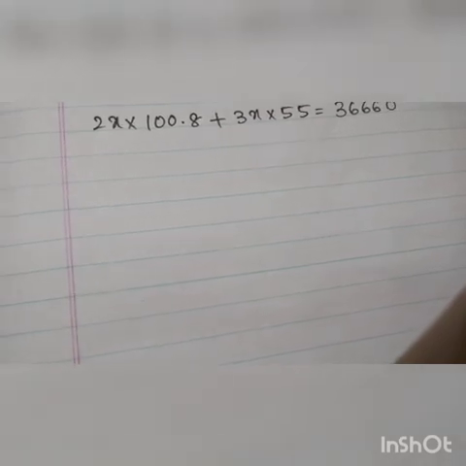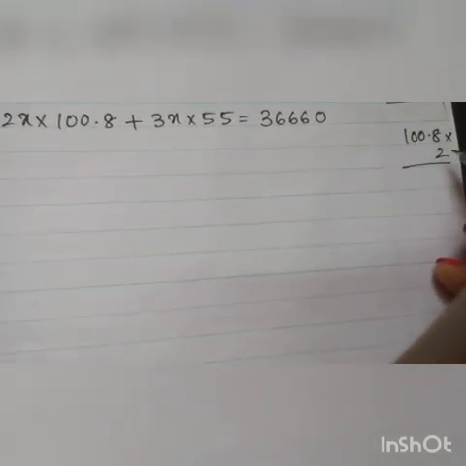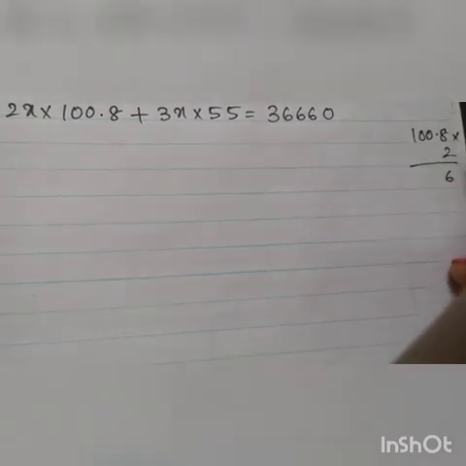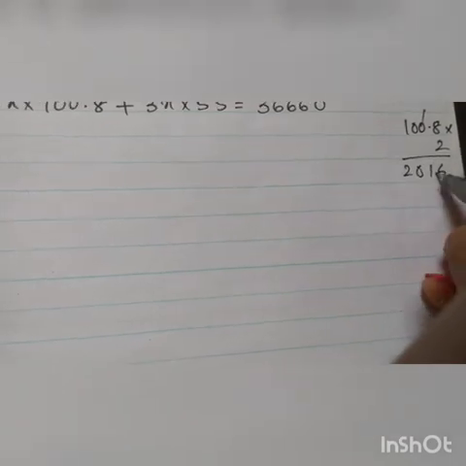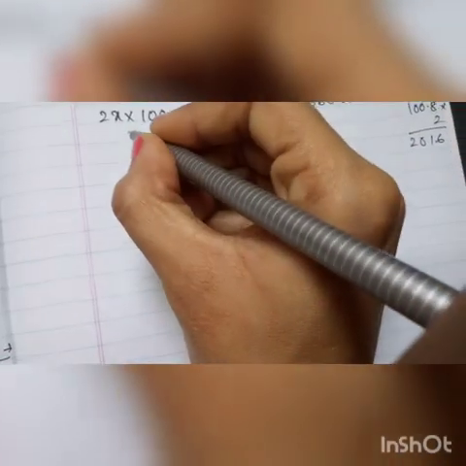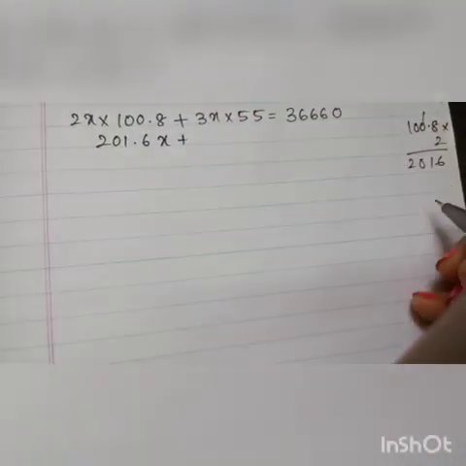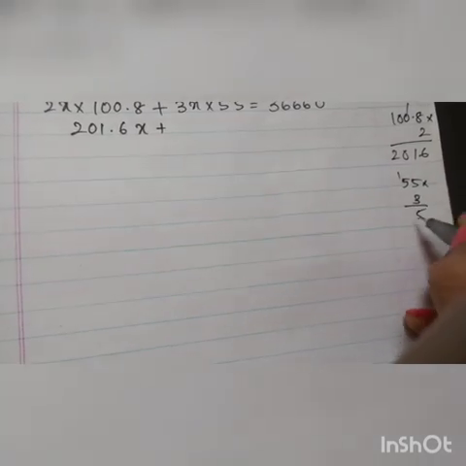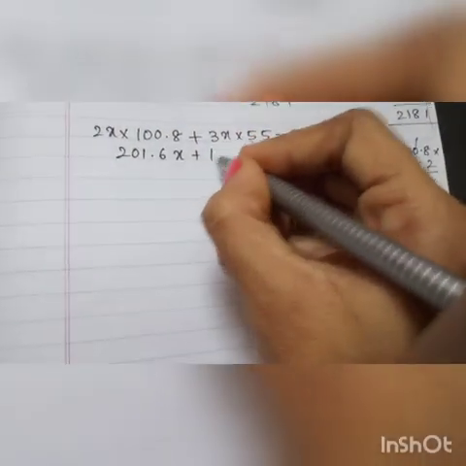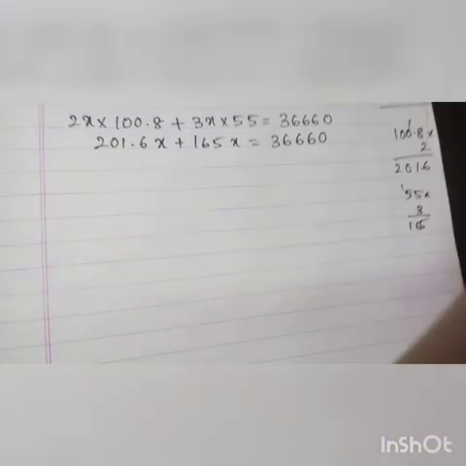Yes, 108 into 2. Okay, 8 2s are 16, 0 2s, 216x, plus 55 into 3, 15, 165x is equal to 36,660.